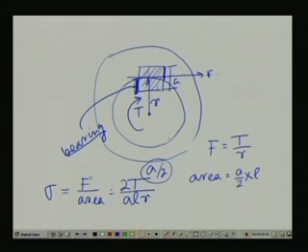Now, we have shown you just 3 examples. There could be many more examples where, in machine design, whenever you see contact between 2 machine elements taking place, you consider the force acting onto it and divide it by the area of contact, and that will give you the bearing stress.